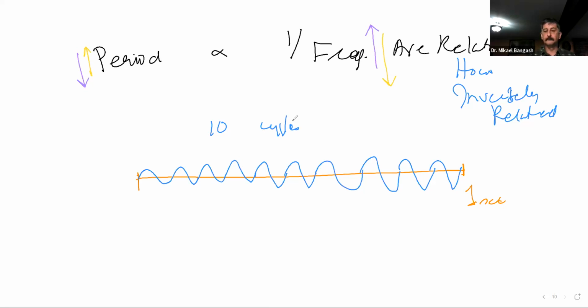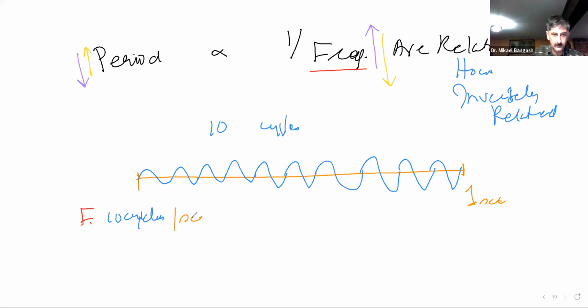Did you guys get that? Yes. Good. So our frequency in this case is going to be 10 cycles per second, or more correctly, just 10 hertz. Did that make sense?